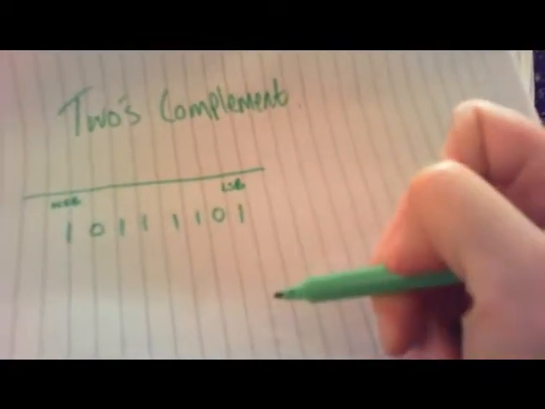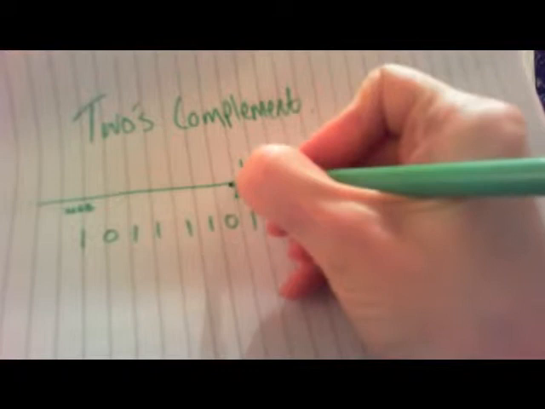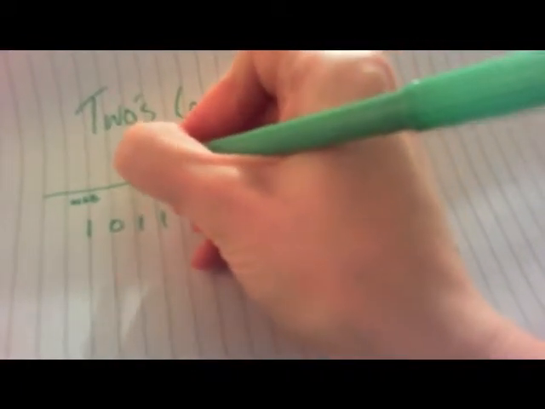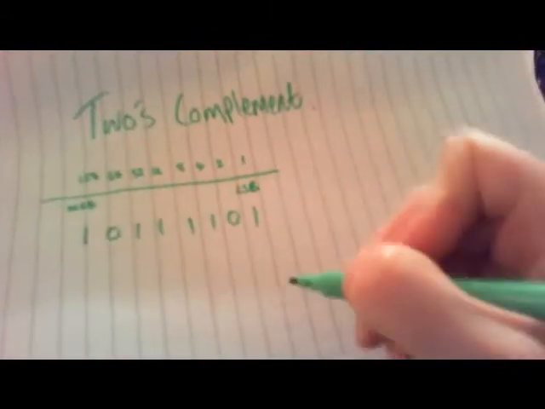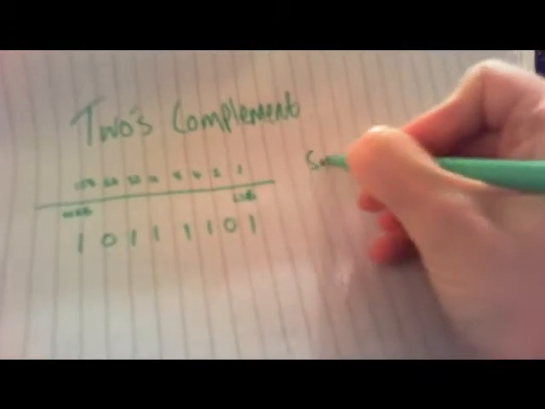Now, the bit values are exactly as we would do normally, so let's give them those. 1, double that, double that, 32, 64, 128.